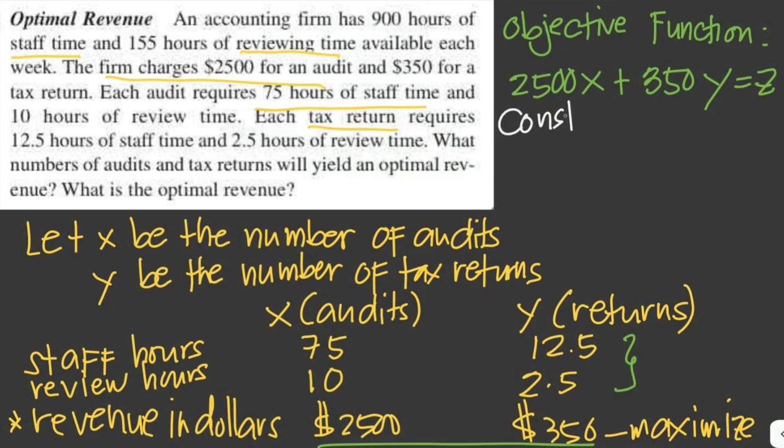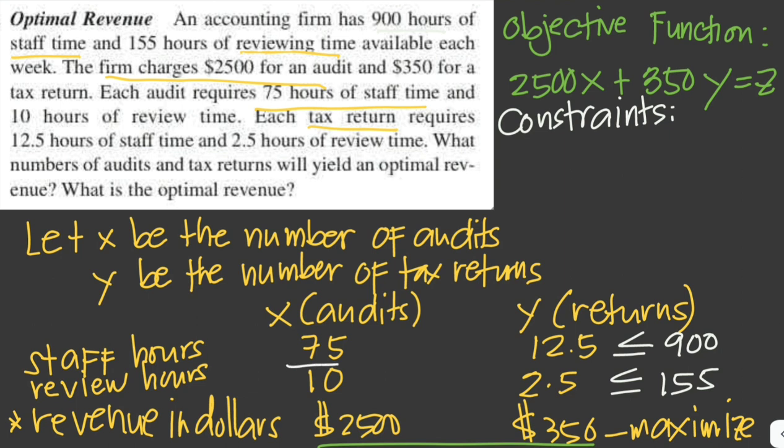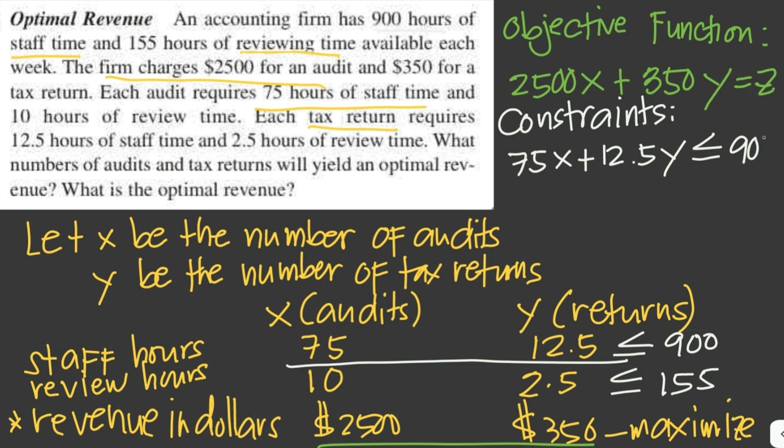Right here it says an accounting firm has 900 hours of staff time, so it should be at most 900 hours, and then at most 155 hours. We can write our constraints here. So from here we can write 75x plus 12.5y less than or equal to 900. That's one of our inequalities.